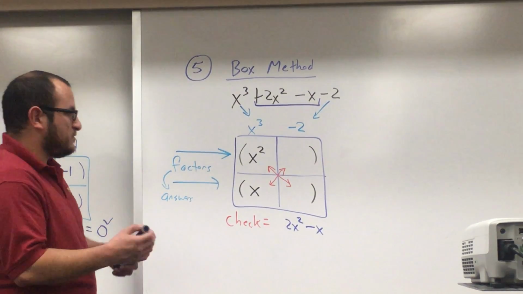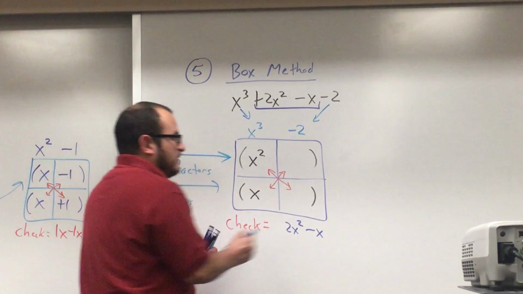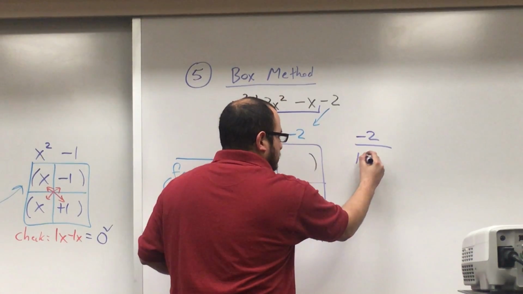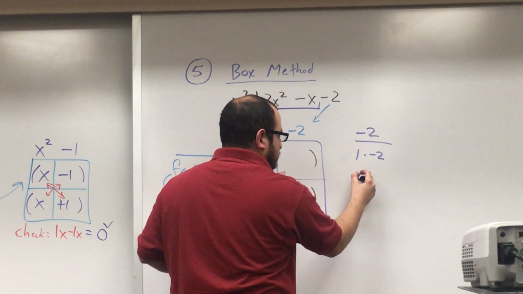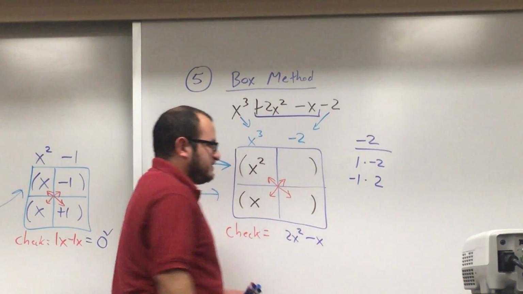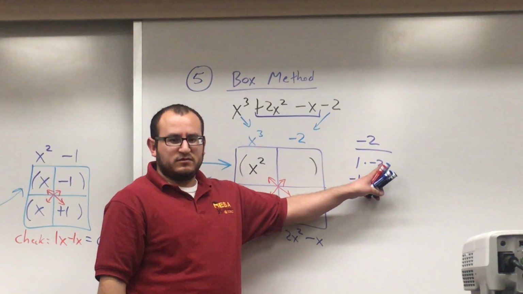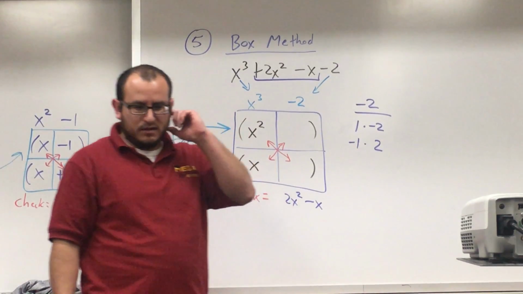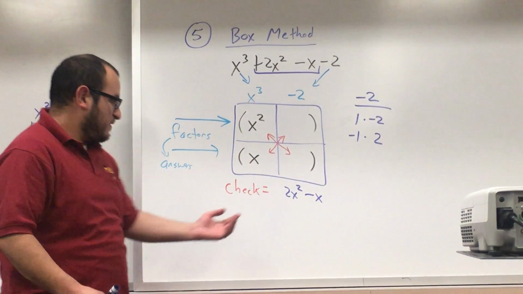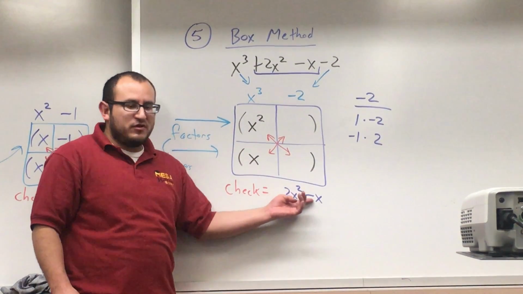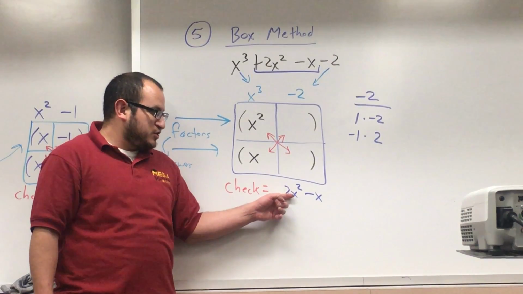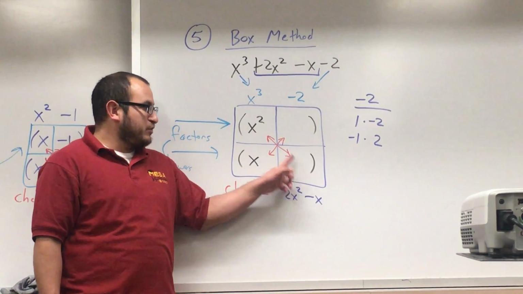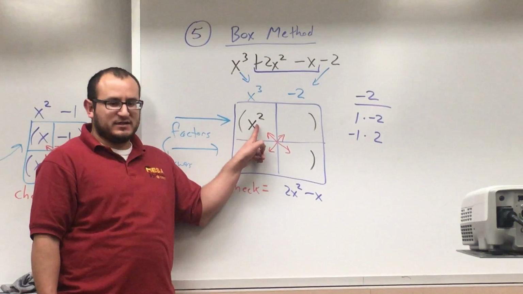All right. How many ways can I get negative 2? Okay. Look at the beauty, guys. It's either 1 times negative 2, okay, or negative 1 times 2. Okay? This is the beauty. Okay? They already give you your answers. Okay? 2 has to be positive. And when you cross multiply, it has to be with the x squared.